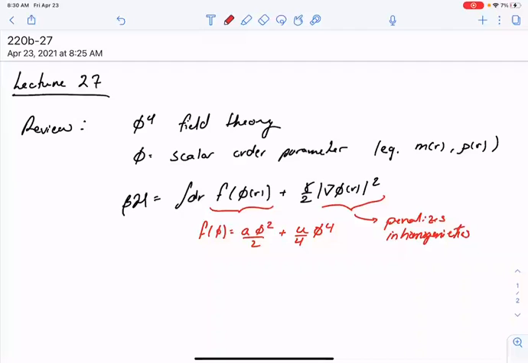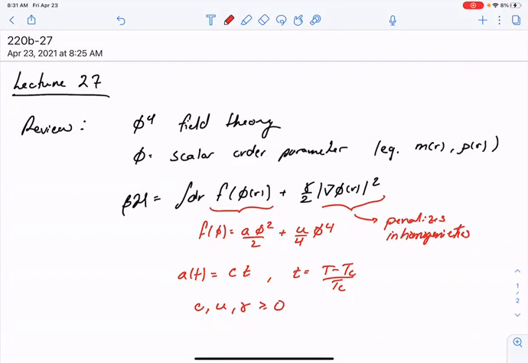Typically, all of these parameters are determined phenomenologically, and A, for example, is endowed typically with a temperature dependence. Some constant C times little t, where little t is the temperature less its critical value. And all the other coefficients, so C, U, gamma, sometimes I've written it as M, are all positive numbers.